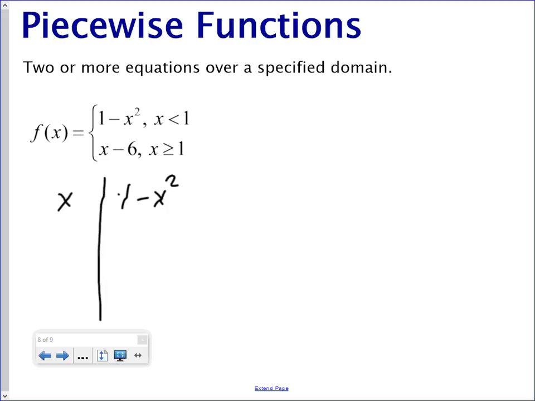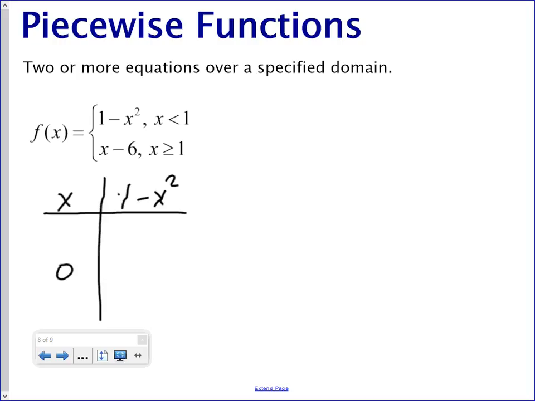So for me, when I'm graphing that piecewise function, I'm going to make a small table of values for x's that are less than 1 and find out their y values, plot those points, and get a picture of my graph. What are some values that are less than 1?